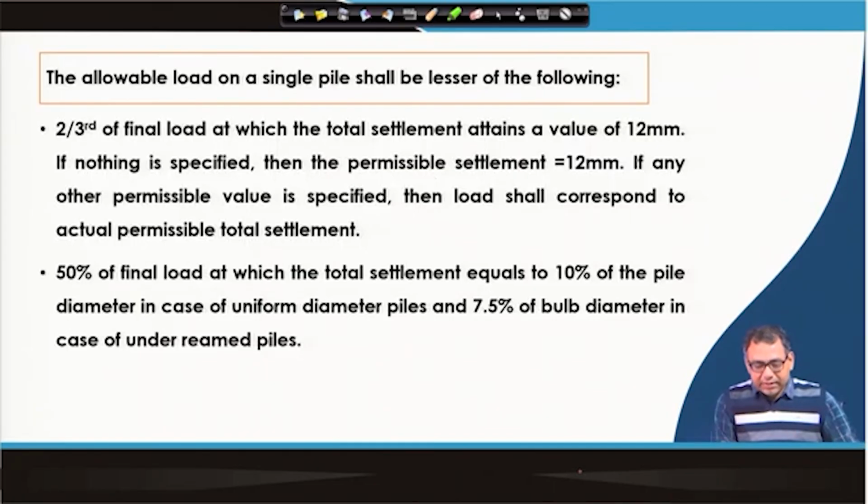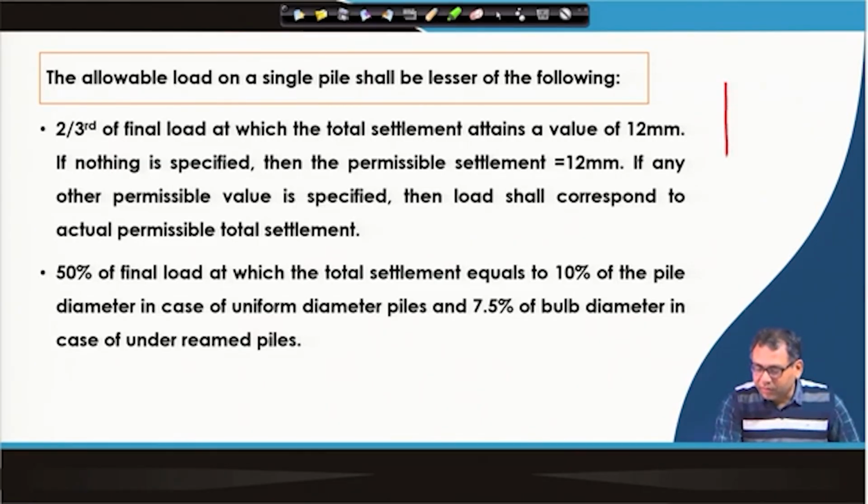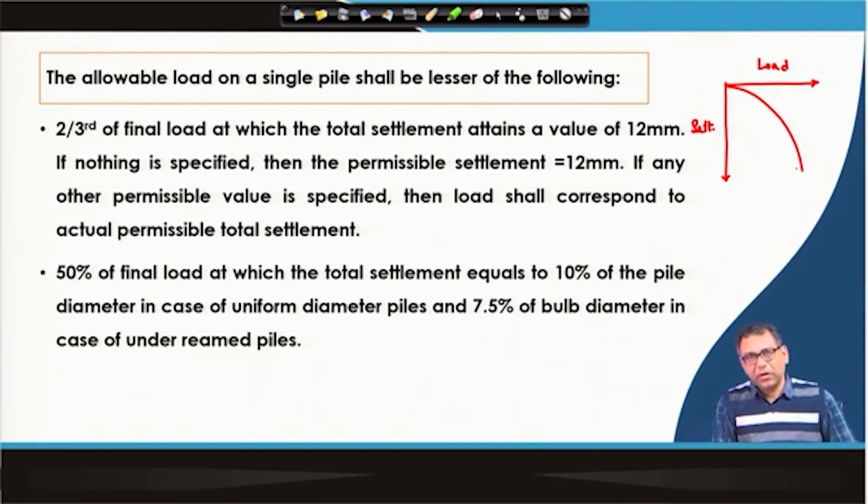Now, once you complete the pile load test, you will get a load versus settlement plot. So, this is the load or the stress, and this is the settlement. Okay. So, we will get a particular load versus settlement plot.